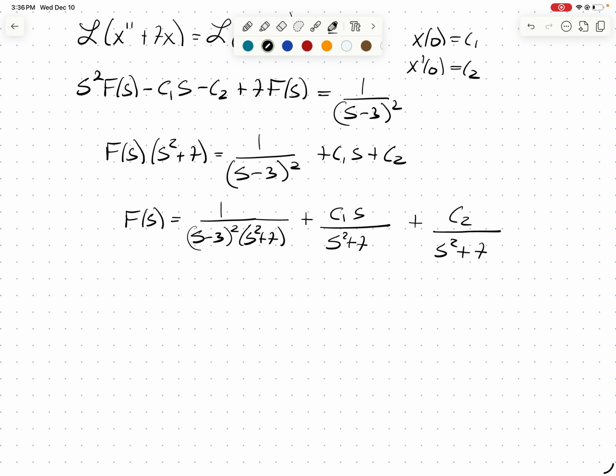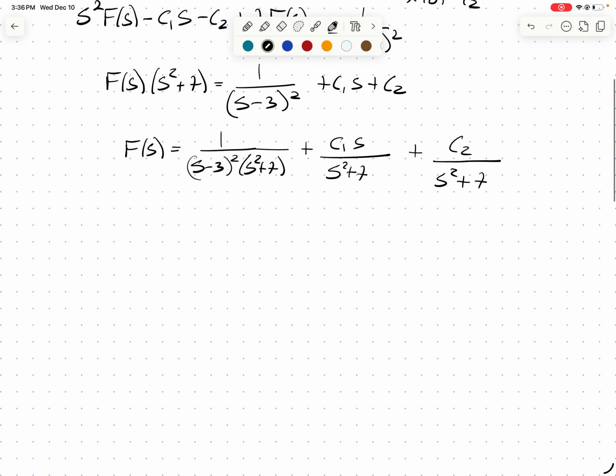Okay. So that's where we get. So now we want to try to go backwards and figure out what our original function is by taking the inverse Laplace of this guy. And we're going to need to do partial fraction decomposition on this term. For time's sake, I'm just going to go ahead and write that down. But of course, you should be in a position to work that out by hand if need be.